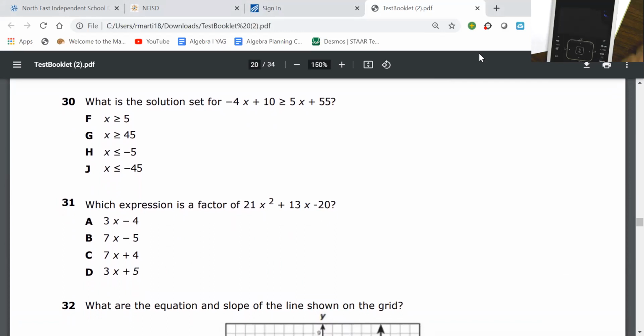Okay, what is the solution set for this inequality? What they want you to do, the long way, is basically add 4x to both sides. Those cancel. You get 10 is greater than or equal to 9x plus 55.